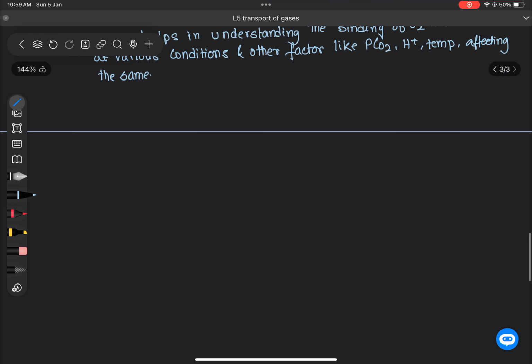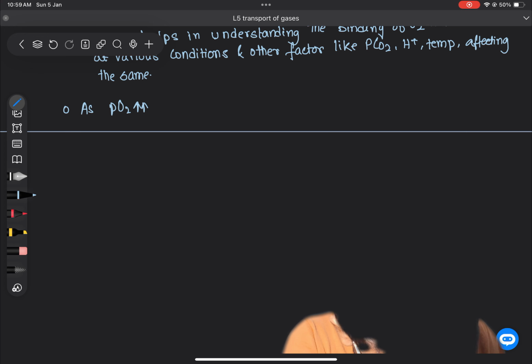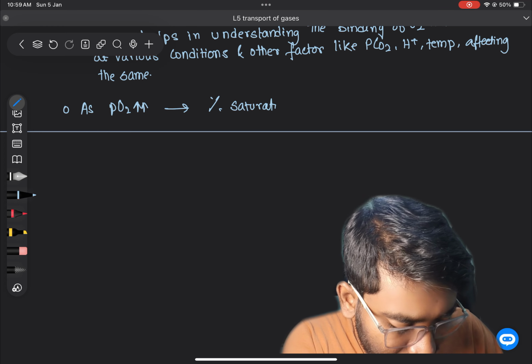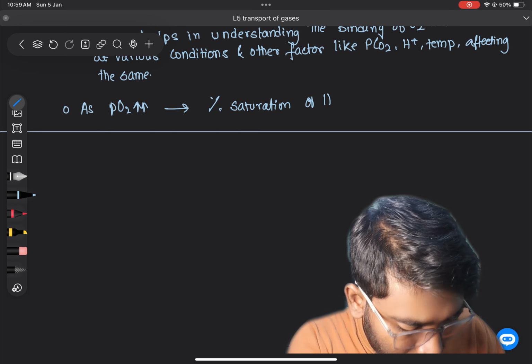As PO2 increases, the percentage saturation of the hemoglobin also increases.